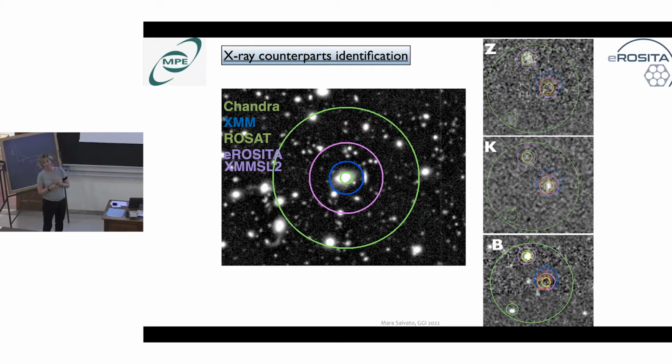Yeah, it's not obvious. Everybody will go for this one because there is an object closer to the center, and statistically we would say this is the closest to your X-ray position, this is our guy. Instead, the correct one is this one. And we know it because in this specific case, we also had Chandra, so we could really pinpoint our object.